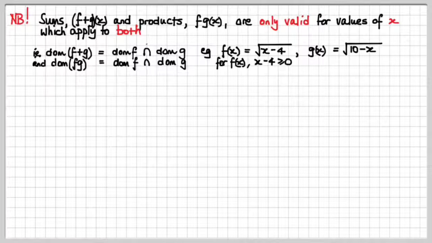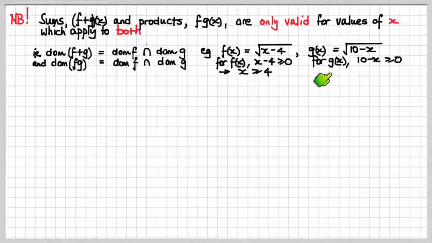So for f of x we know that what's under the square root sign cannot be negative, so it's greater than or equal to 0, and therefore x is greater than or equal to 4. Similarly for g of x we know that 10 minus x must be greater than or equal to 0, which if you work it out correctly gives x less than or equal to 10.